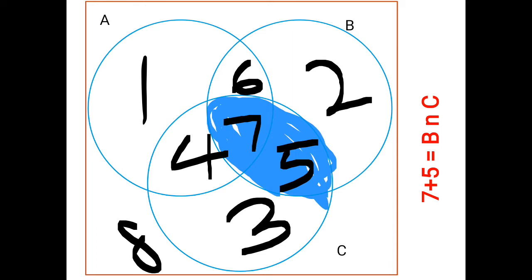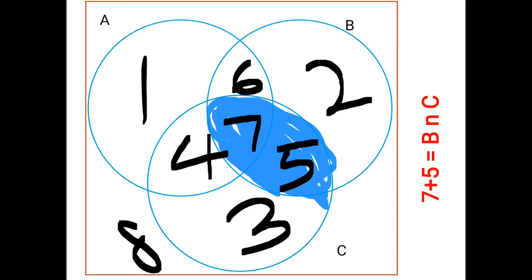How do you know that this is B intersection C, or A intersection B, or A intersection C? Understand that always two parts will be given. Two parts should be shaded before it qualifies to be B intersection C, or A intersection B, or A intersection C. Two parts will always be shaded if we are talking about shading.